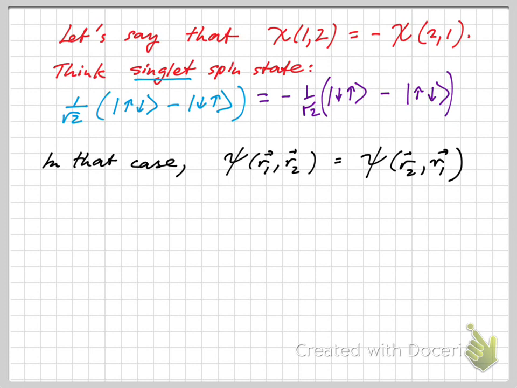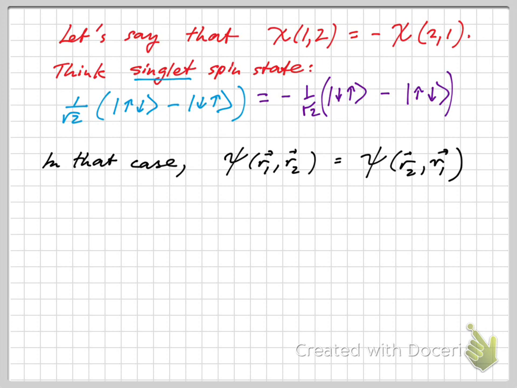Well, do it really quickly. You see that it's not the same state, right? When you just change the two arrows appearing in the two kets, you see that you're not getting the same state.